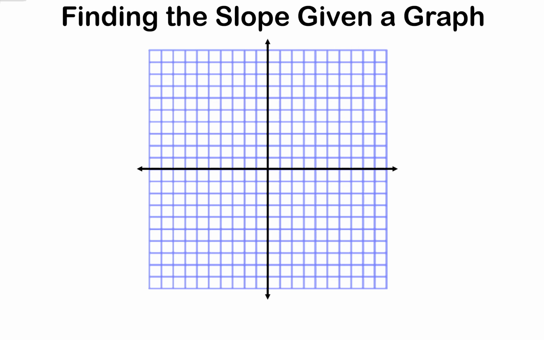All right, so let's find the slope given a graph. My line disappeared, so let's put it back. Okay, I've got my line back there. So let's go ahead and find 2 points on the line. What I'm going to do is look for two, what we call integral coordinates.